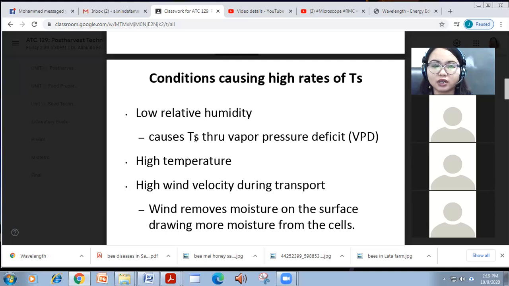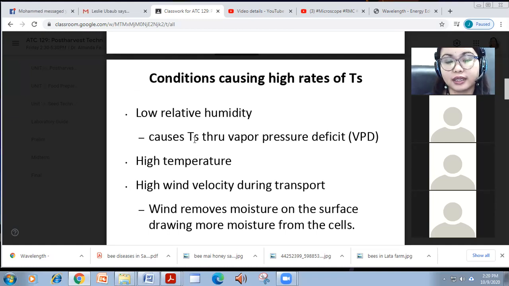This causes transpiration through vapor pressure deficit. If the humidity is low, it means there is not much water in the air.